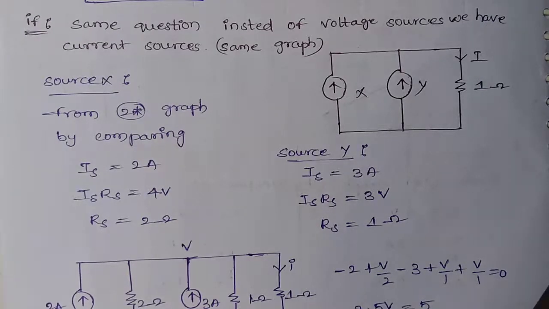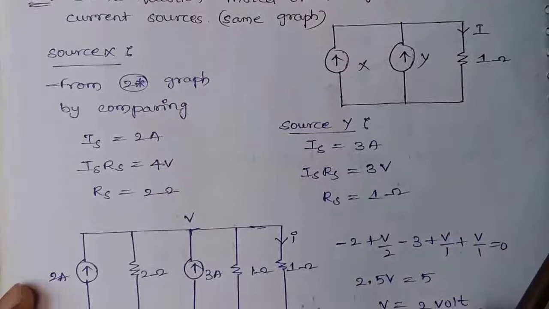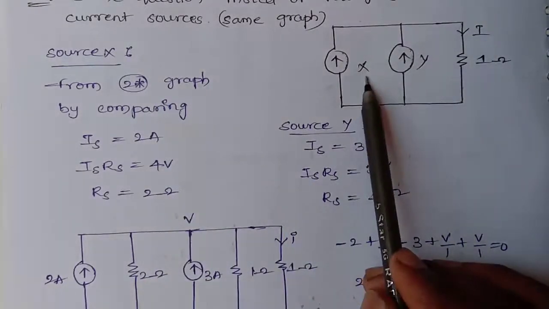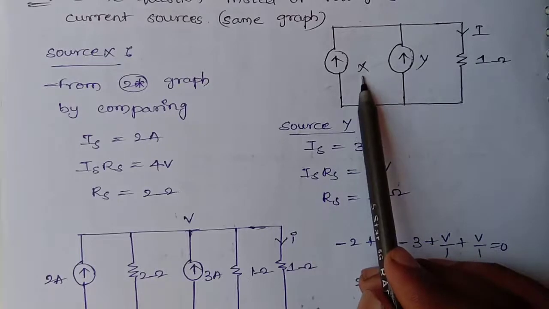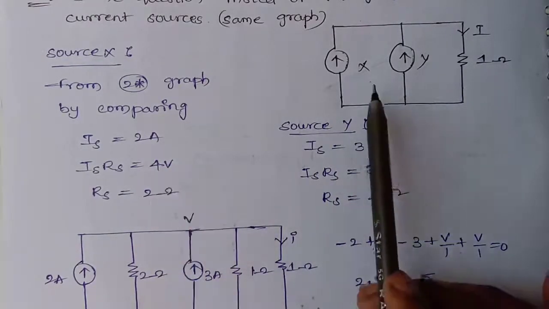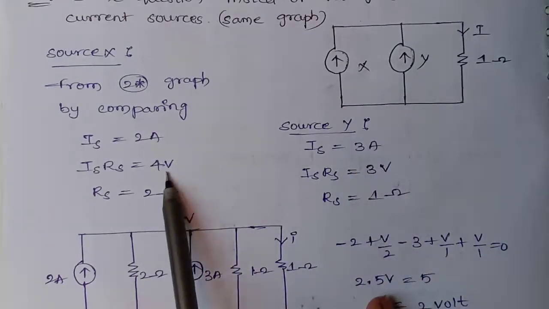By the graph you can see that the current value of this source X is nothing but 2 amperes and the voltage value of this source X is nothing but 4 volts.